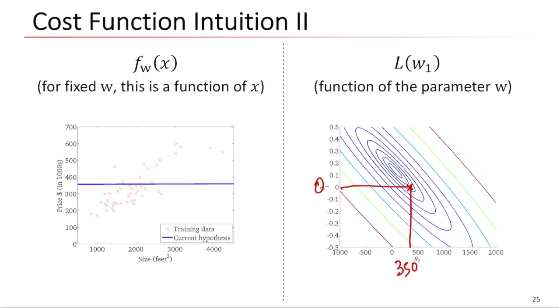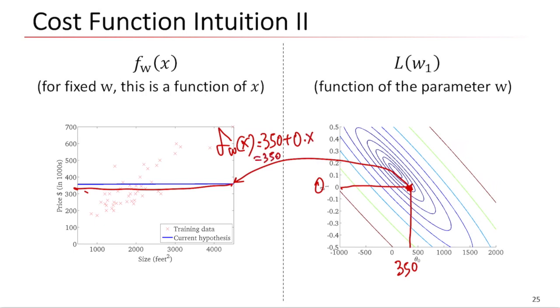And in this case, this mapping function looks like this, because 350 plus 0 times x is just equal to 350. So in this case, we can also measure the distance between the real and estimated values.